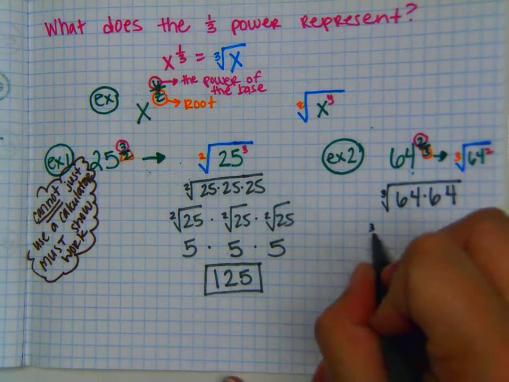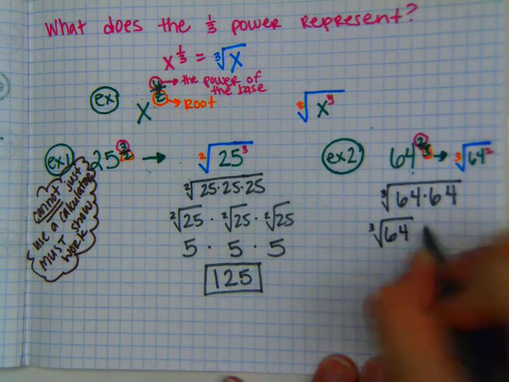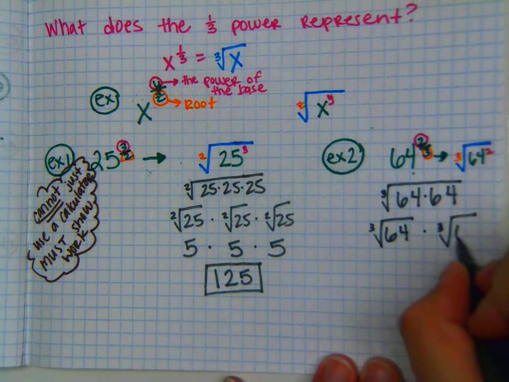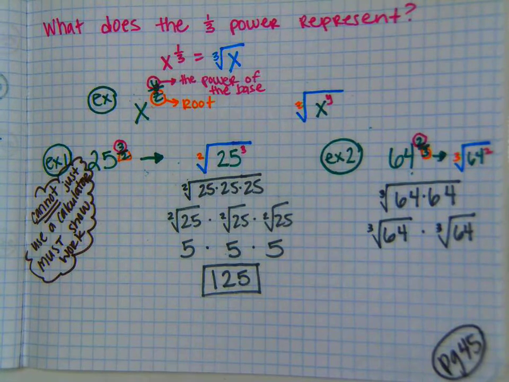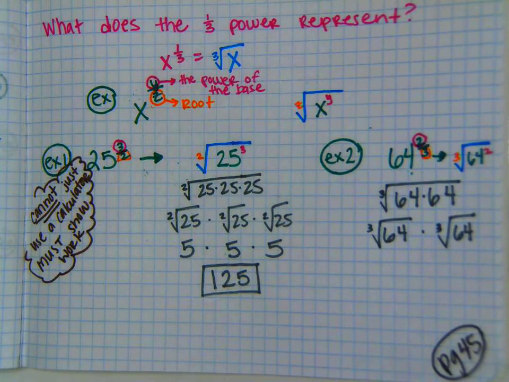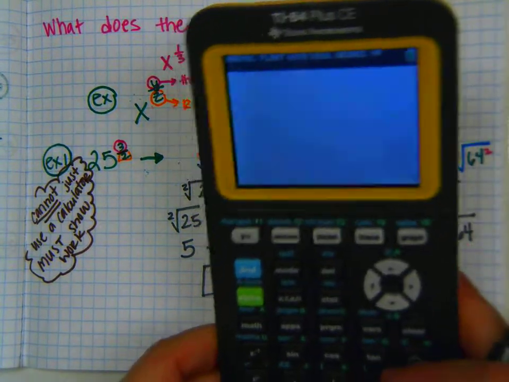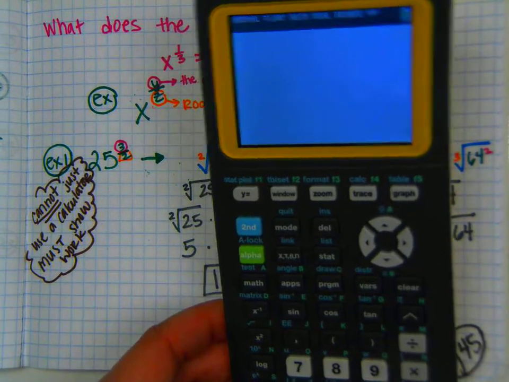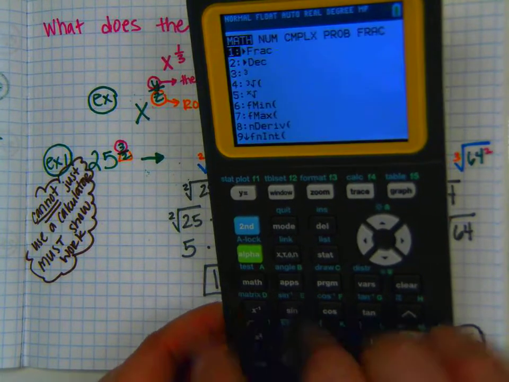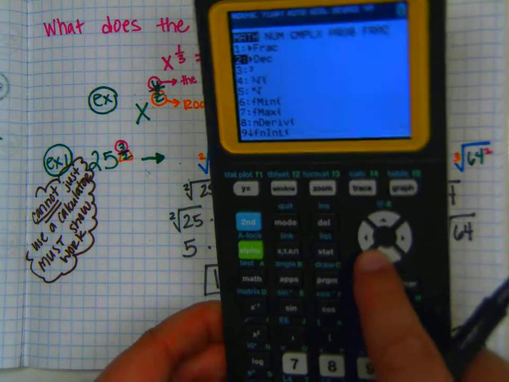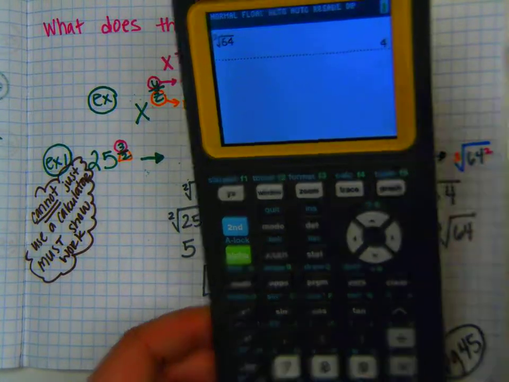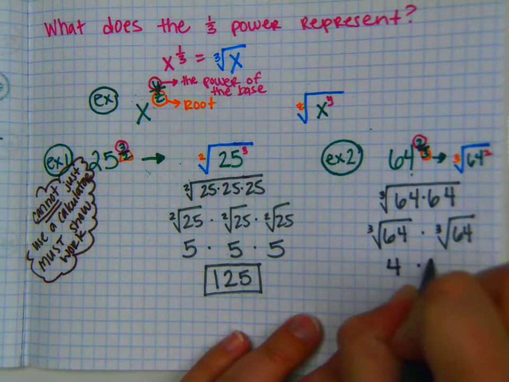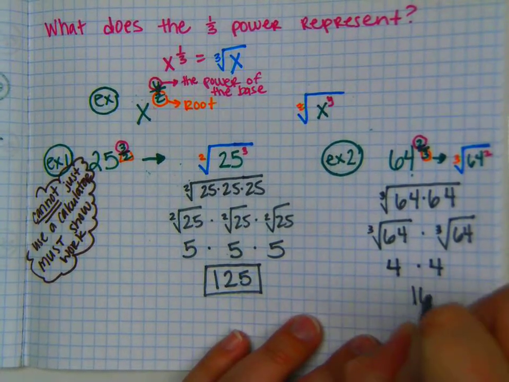That's going to be the cube root of 64 times the cube root of 64. Now, do I know the cube root of 64? I'm not sure. So this is one of those instances that I am going to use my calculator just to check if I know the cube root of 64. Where you go is you press math, and you go down to right there. That has the cube root, 64, and you can see that it is 4. So that's going to be 4 times 4, which is 16.